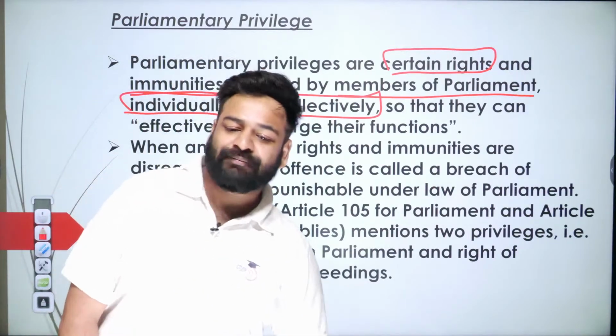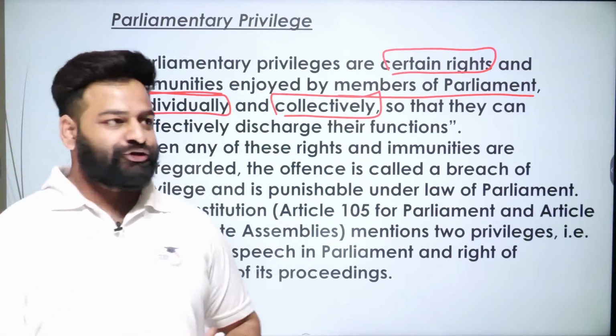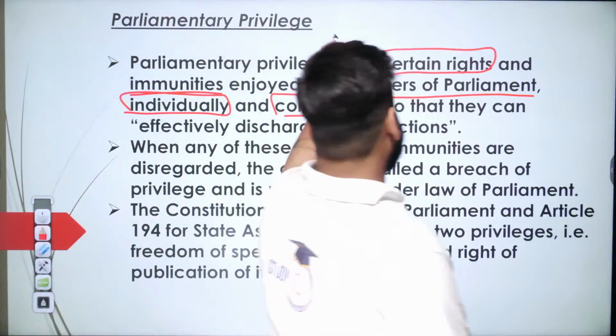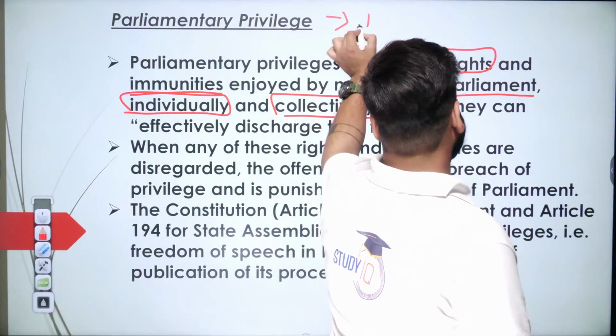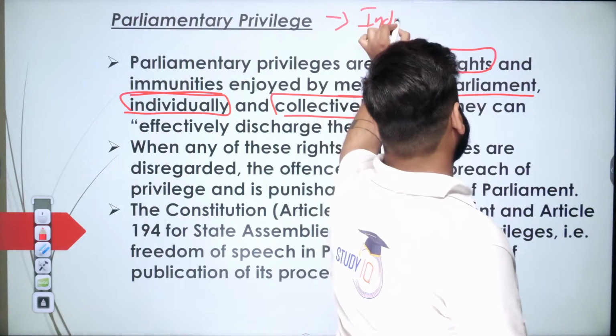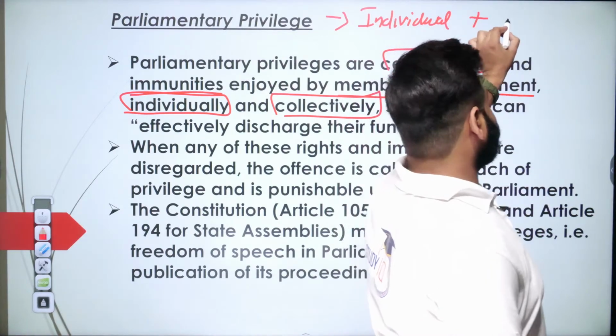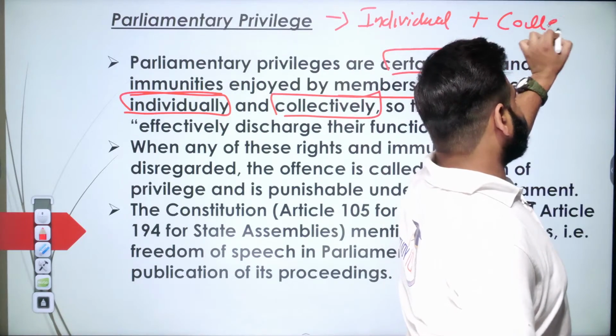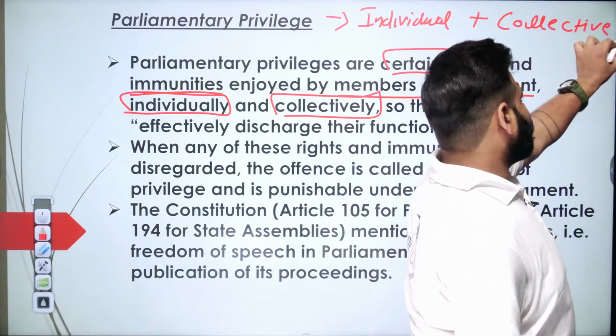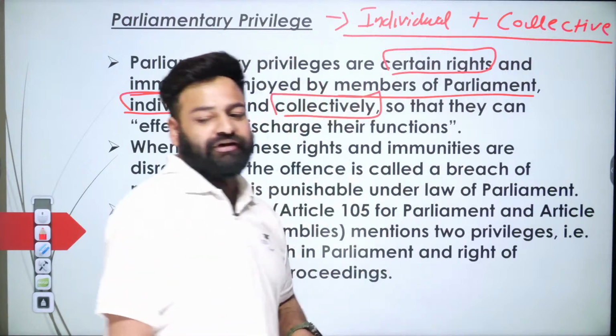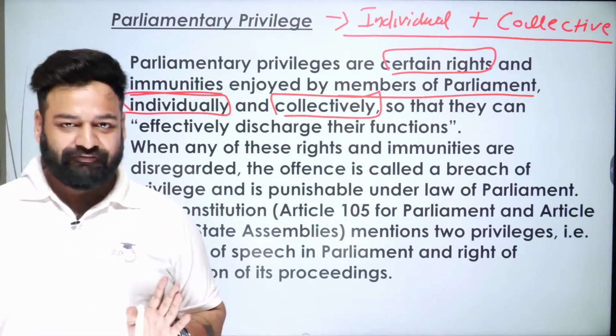So what are the types of parliamentary privileges? There are two types. The first one is the individual privilege and the other one is the collective privilege. Okay, the basic difference: individual and collective.